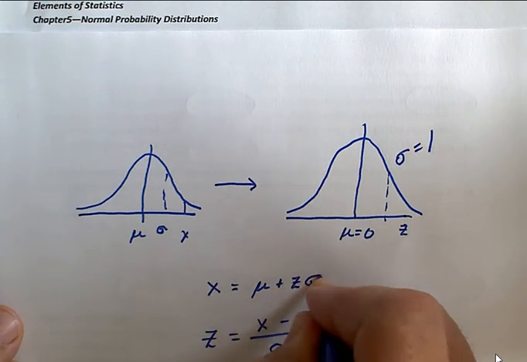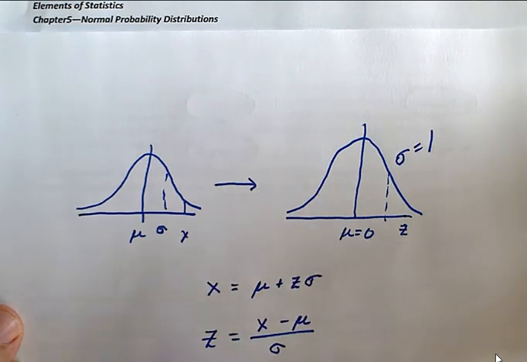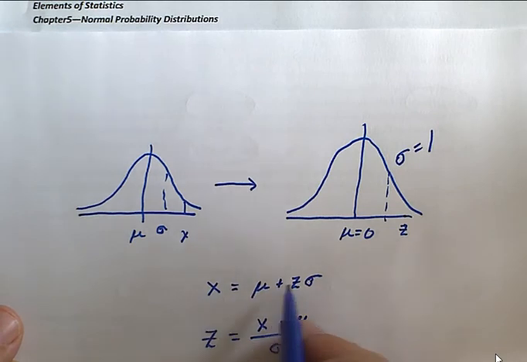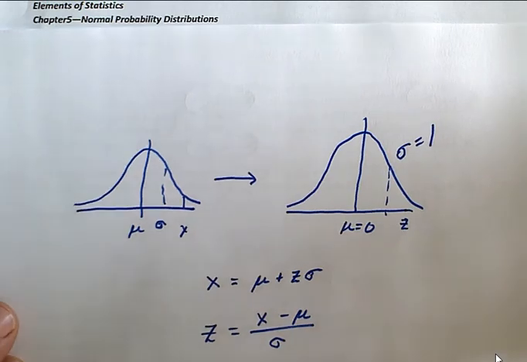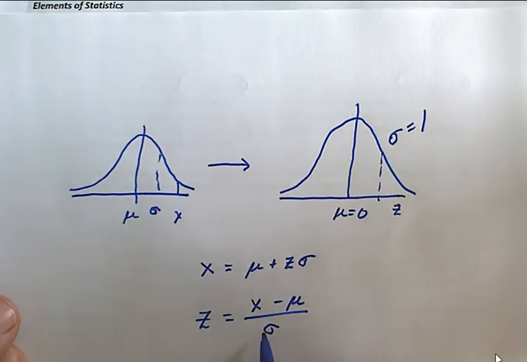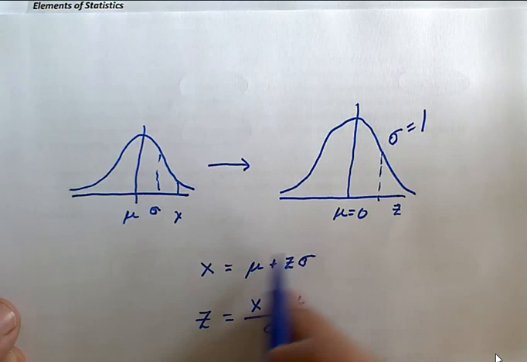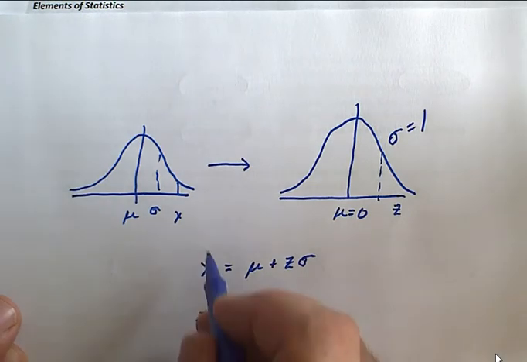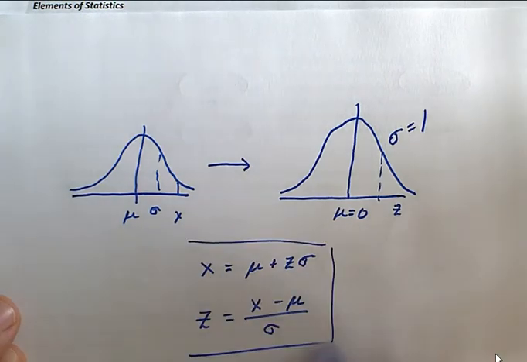So there it is. To change it back to an x score, you take the mean plus the z score times the standard deviation. So changing it to a z score, I need this one. Changing it backwards to an x score, I need this one. Keep those in mind. I'll be playing with those in some of the different problems.